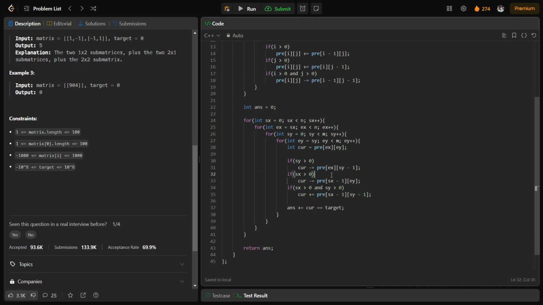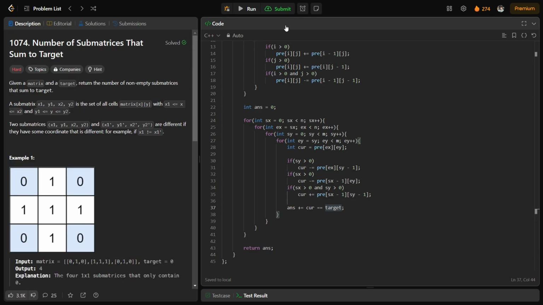If sx is greater than 0, I am going to subtract prefix of sx minus 1 ey. And if both of them are greater than 0, then I am going to add that particular part which was removed twice. Now if current is equal to target, this boolean expression is going to return 1, and that is getting added to my answer, and at the end I will just return my answer value, and this would be the final solution. So let me just quickly submit this and show you that this particular code works and this solution is absolutely correct.